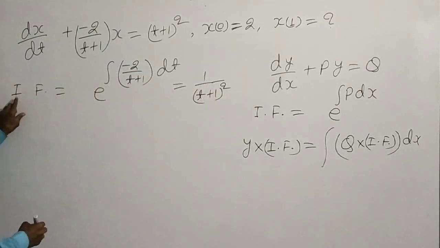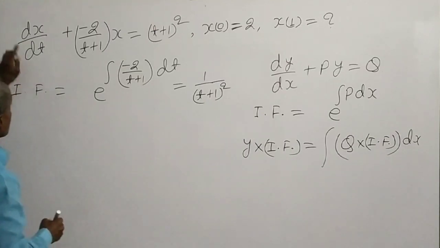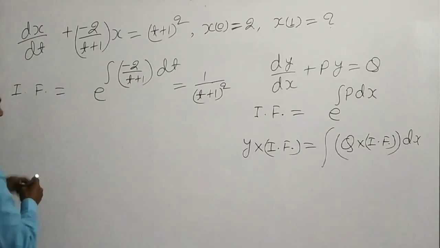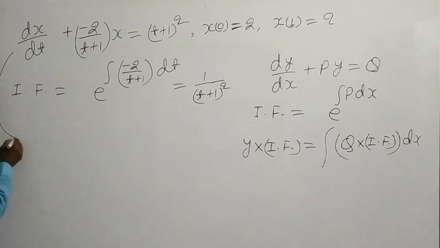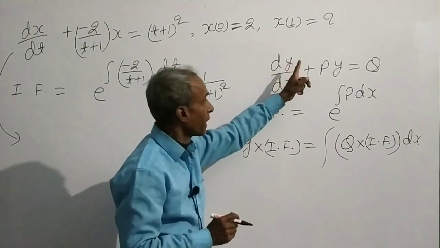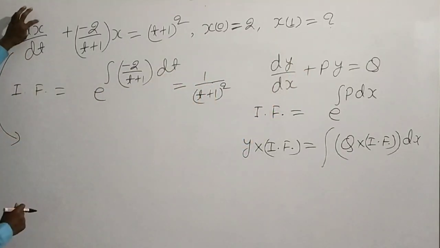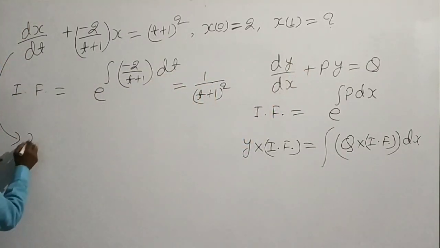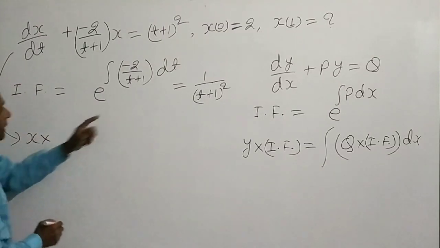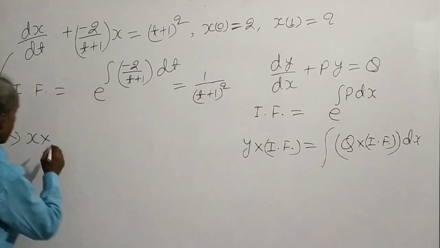So, here we have found the integrating factor. Now we can write the solution of this differential equation as this. Here is y, that means the variable appearing in the numerator. Here the variable in the numerator is x, therefore x times the integrating factor 1 by t plus 1 square.